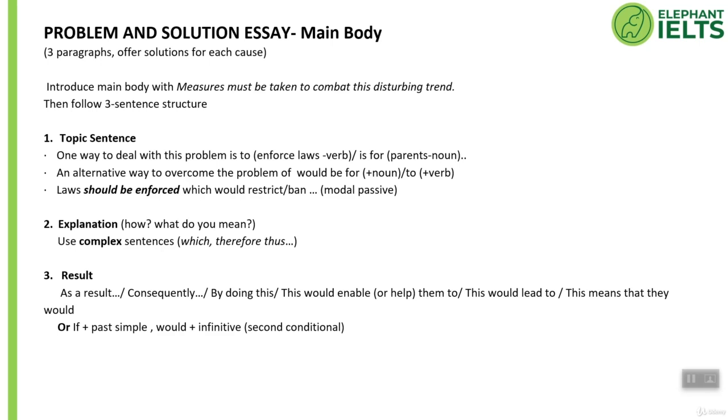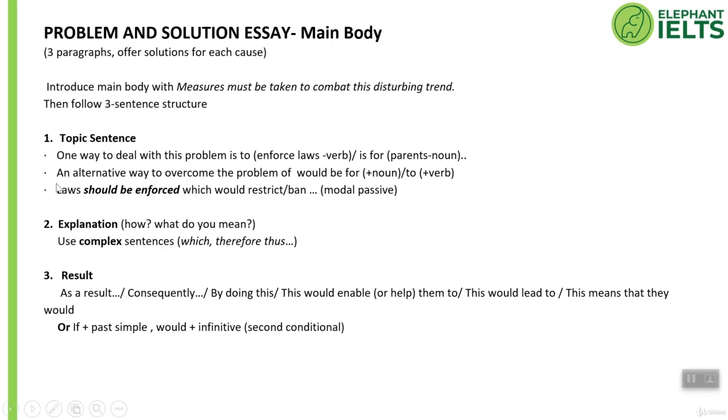Laws should be enforced which would do this. So you can see, try and follow a different structure for each topic sentence for each of the 3 main body paragraphs to show the examiner you have a wide range of grammatical structures at your fingertips.